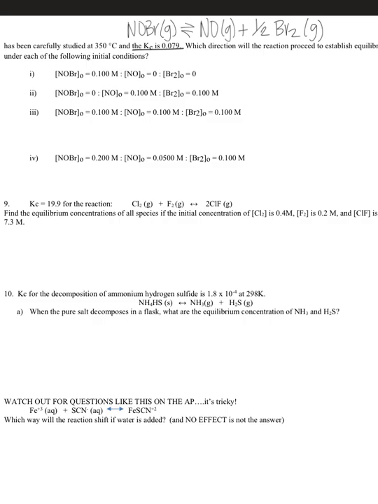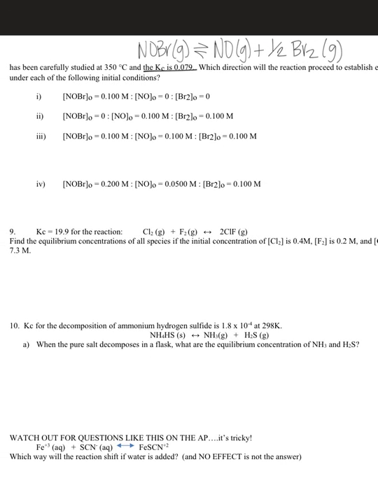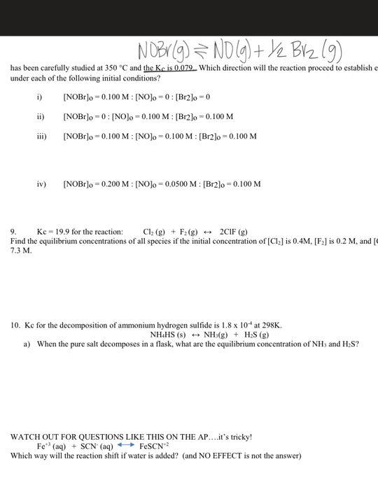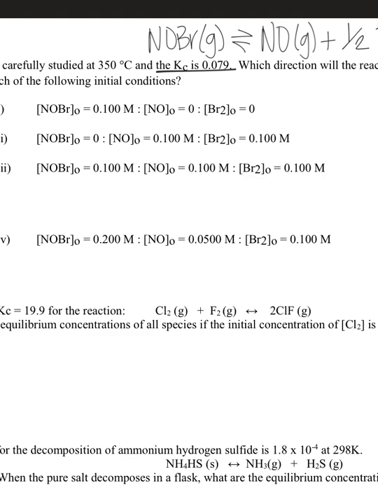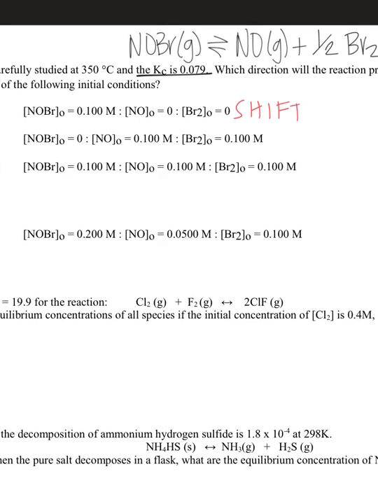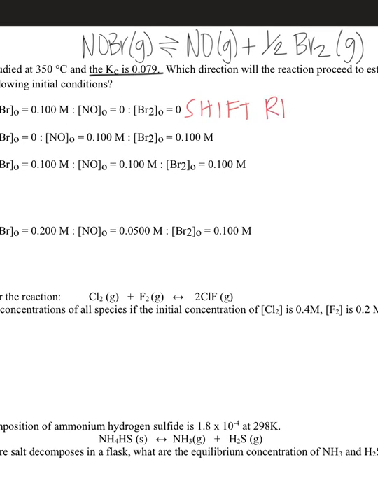Okay, so here I've got the initial concentration of NOBr as 0.1, and then it's saying I don't have any nitrogen monoxide or bromine. Okay, so that means I'm going to want to shift to the right so that I do have a concentration of this.